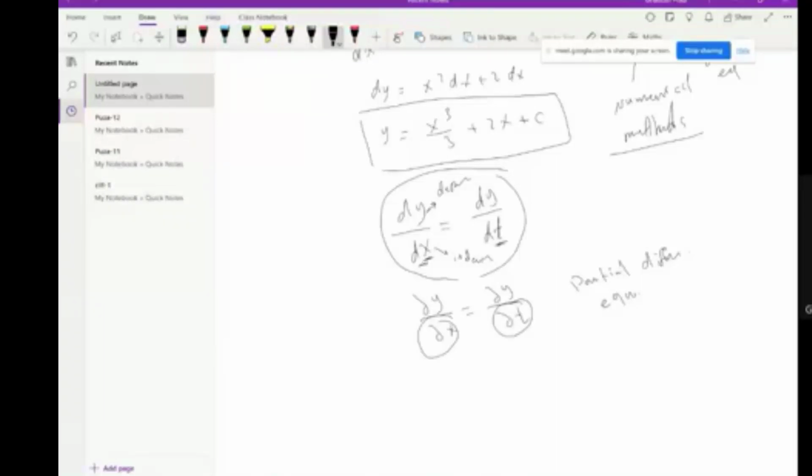It's named a partial differential equation. Most of the time, we use numerical methods to solve this type of question.